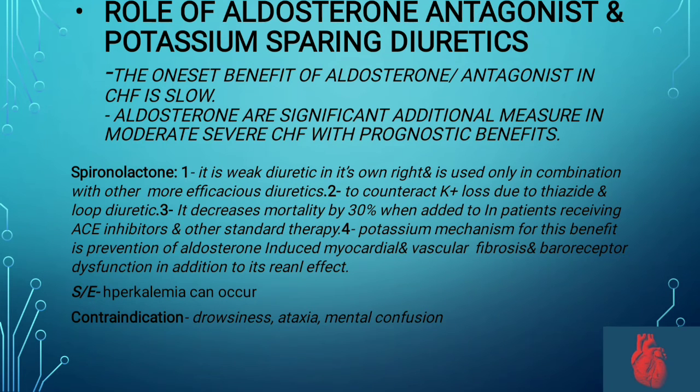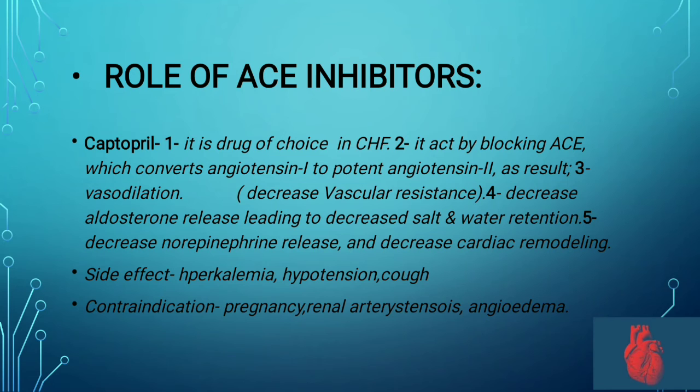Next is the role of ACE inhibitors. Though ACE inhibitors themselves lower aldosterone levels, this effect is incomplete and short lasting. For example, captopril is a drug of choice in CHF. It acts by blocking ACE, which converts angiotensin 1 to potent angiotensin 2.